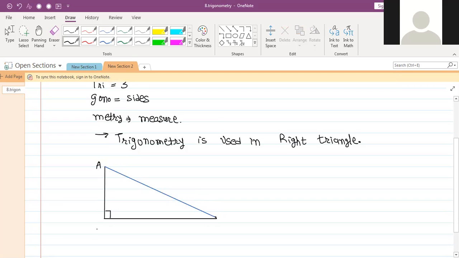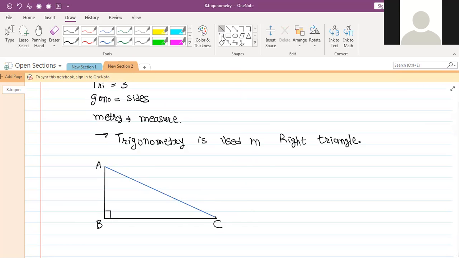Suppose I give the names A, B and C. Here the second is the isosceles right angle triangle.